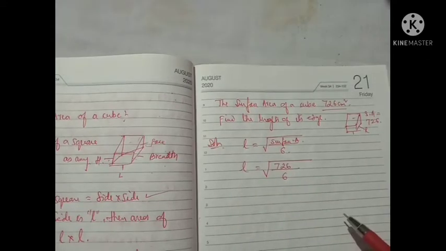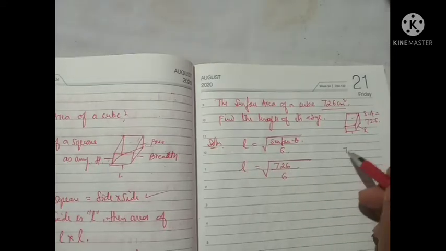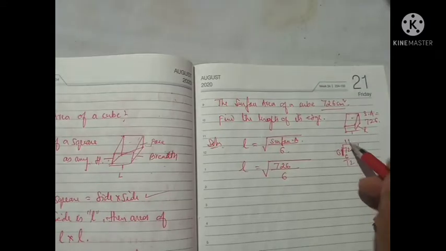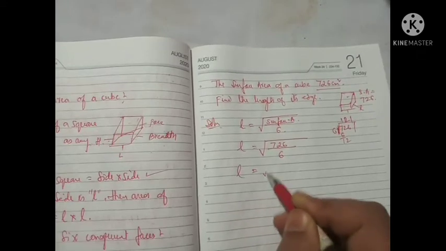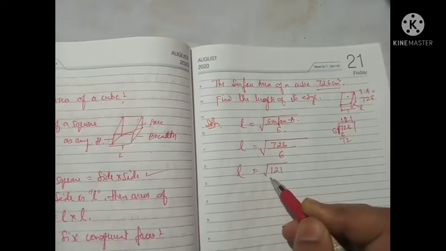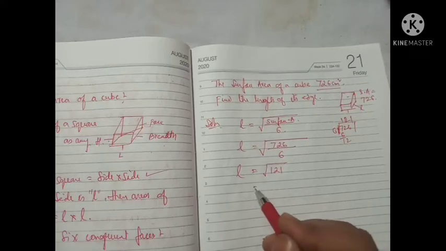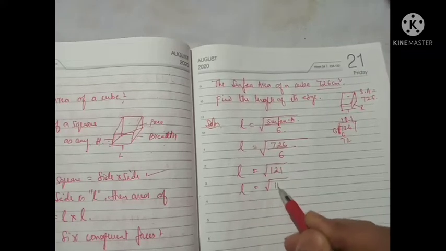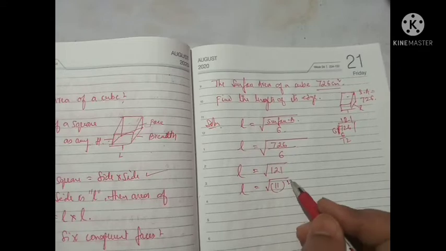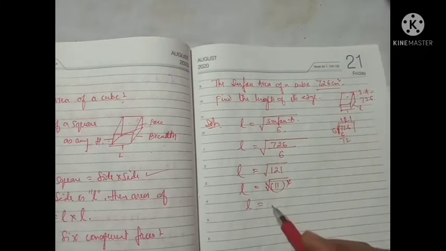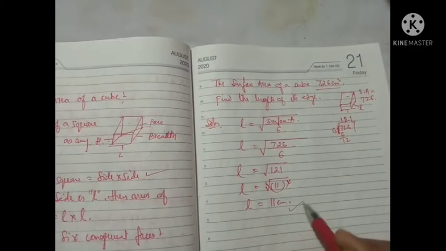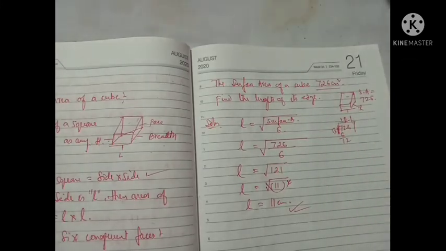If you divide 726 by 6, we get 121, so root over 121. What is the square root of 121? The square root of 121 is root over 11 squared, so the length of its edge will be 11 centimeters. In this way we can find out the length of the edges of the cube.